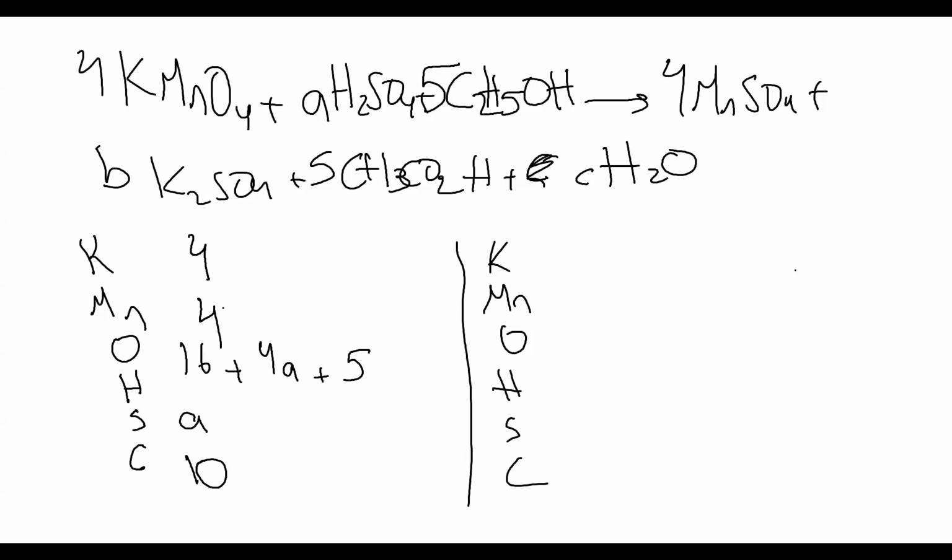On the other side, no, hydrogen we have more. We didn't write the hydrogen, yeah. So 2A plus 25, 26 must be here. So 6 times 5 equals 30. K here is 2B.